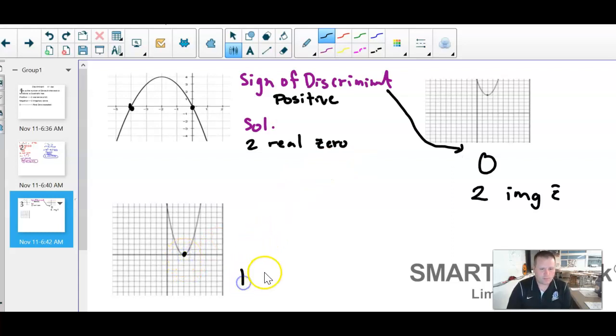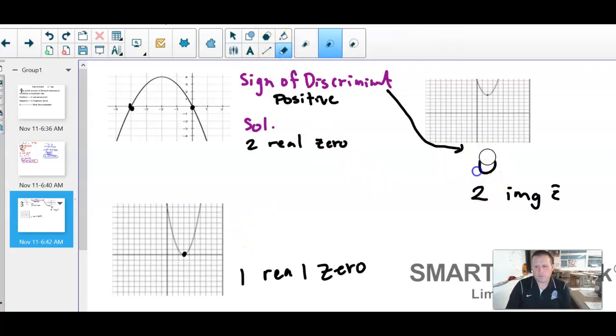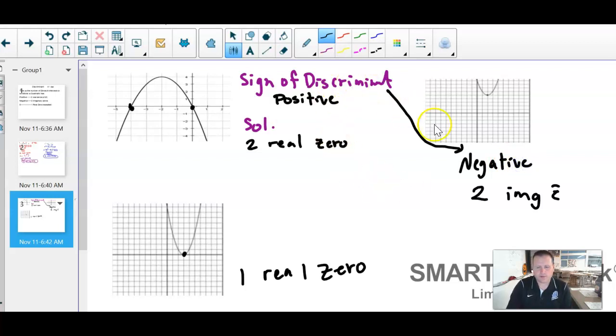So that means that there is 1 real 0. Whoops, I am so sorry, guys. You guys are probably thinking, hold up, Mr. Mumford. If there are 2 imaginary, that means that this has to be a negative sign. Okay, so the sign of my discriminant is negative on this one. If I go back down to here, if there's 1 real, then that means it's 0.